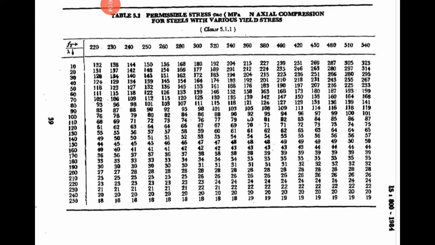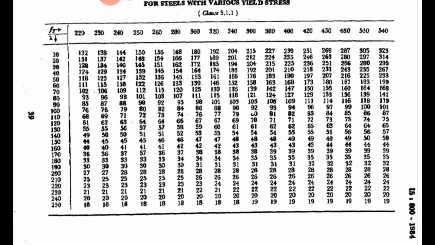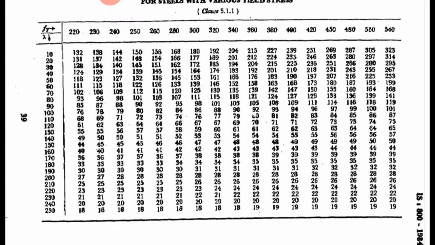So here in step fifth, the value of lambda is 32.79, which is in between the range 30 to 40. For Fy 250 and lambda equal to 32.79, see page number 39, IS 800-1984.